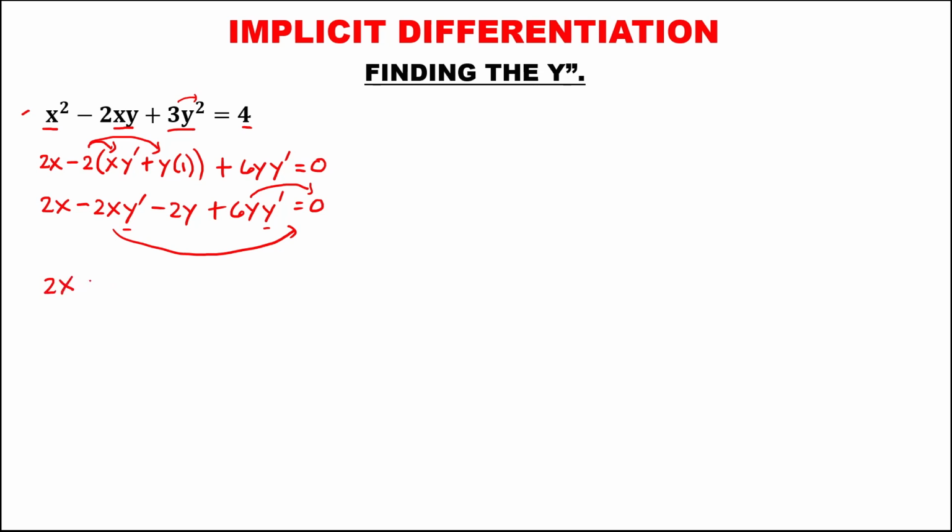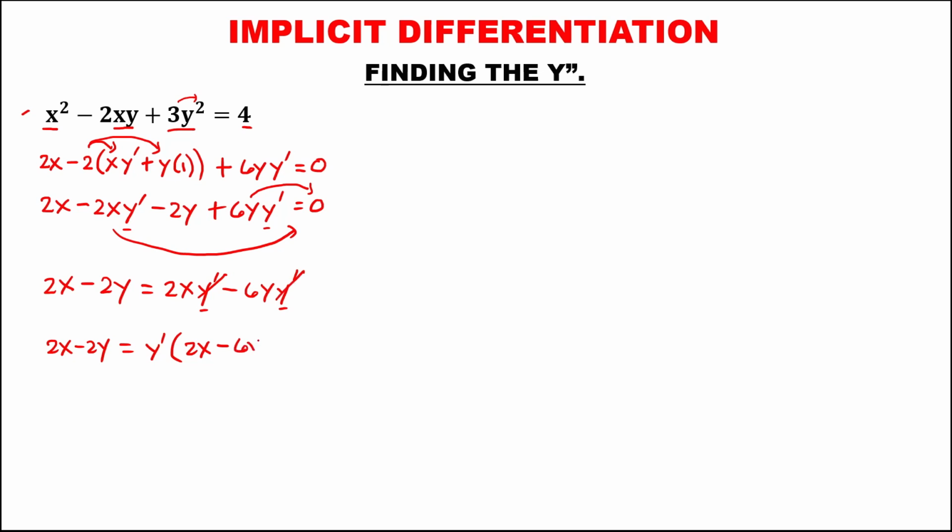So we have now 2x minus 2y equals, this negative 2x y prime becomes positive 2x times y prime, and this positive 6y y prime becomes negative 6y y prime. Then we need to factor out this y prime, so put this y prime outside.